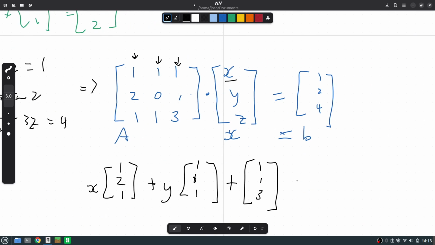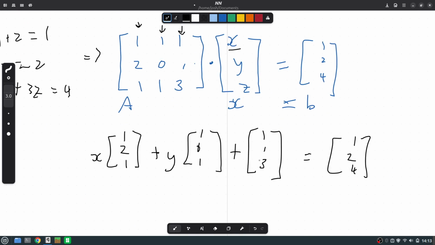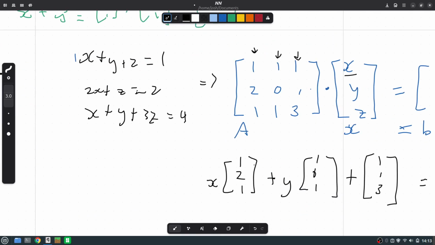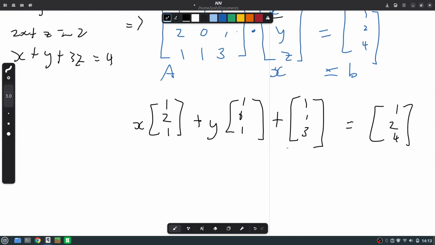And this is equal to 1, 2, 4. Essentially, what this problem is asking you is what exact linear combination of these 3 vectors will produce our resultant vector? And I hope you remember what vector addition really is. That's what we mean by linear combination. We're taking vector addition. So some amount of x, some amount of y.